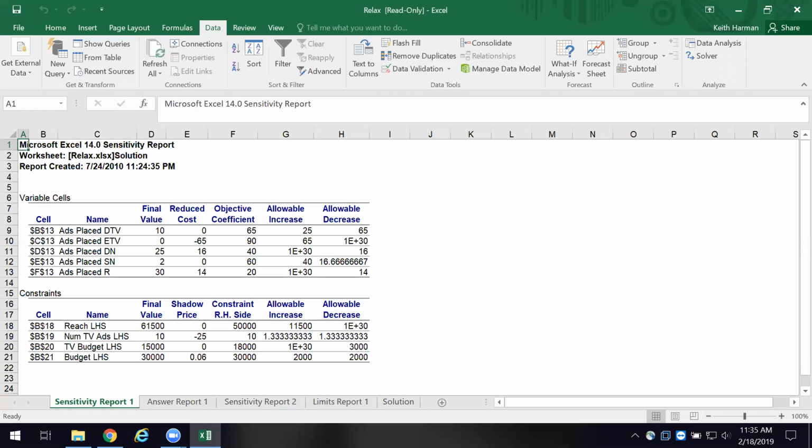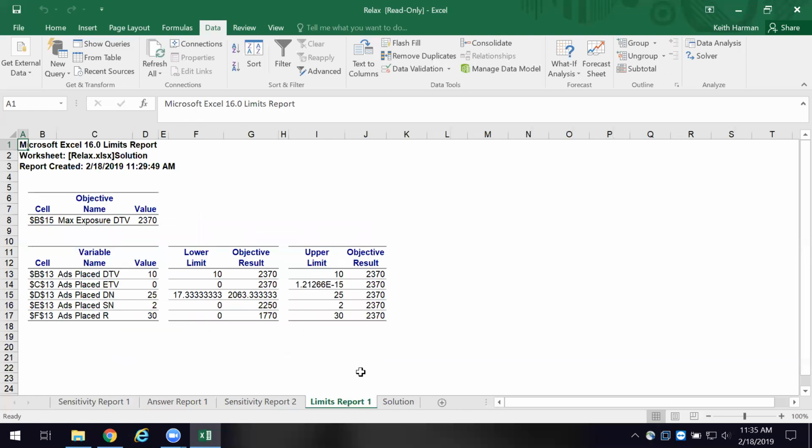Now, let's look at the limits report. Okay. Now, let me stop for a moment and say this. I don't want to oversimplify this tool, and I don't want to oversimplify what you've got here in terms of the numbers.